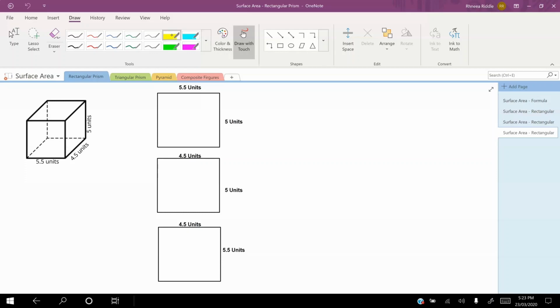So I'm assuming you hit play because you are ready to check your work. So we're going to try this first one and be sure to follow along. We see that this first block is 5.5 units by 5 units. That is going to be the front and back shape here and here. And so there are 2 that are just like this one.